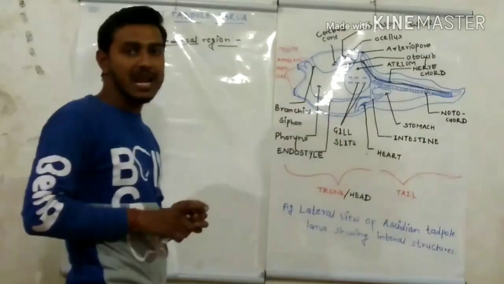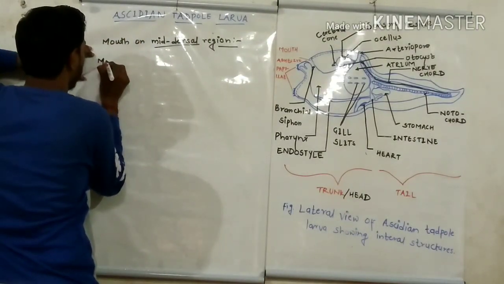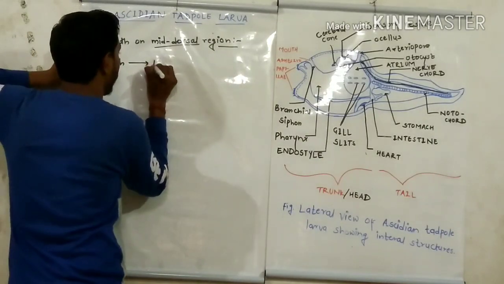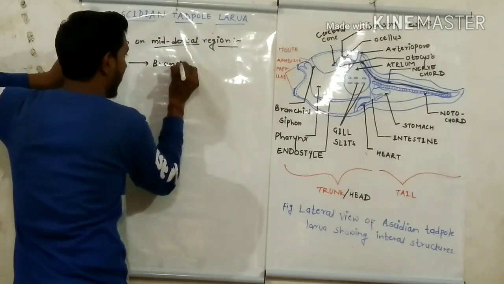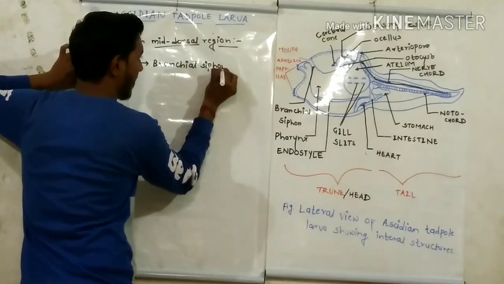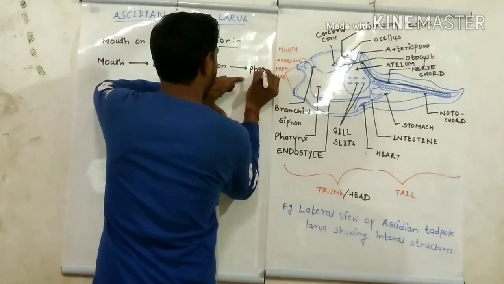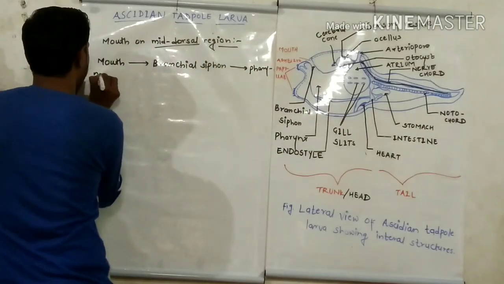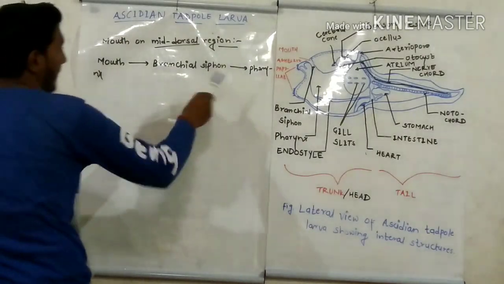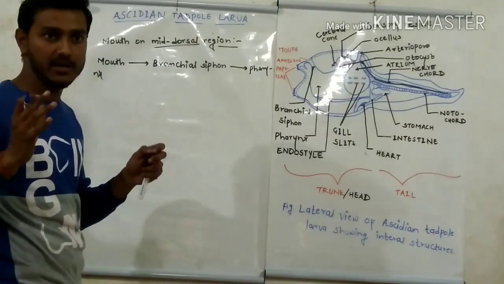Now this pharynx is a large sac-like structure. I will give this passage: the mouth leads to the branchial siphon, then this branchial siphon leads to the pharynx. This pharynx is tubular, long, elongated, sac-like.